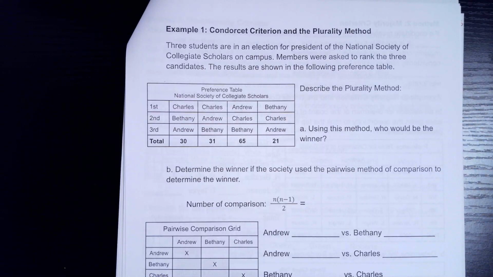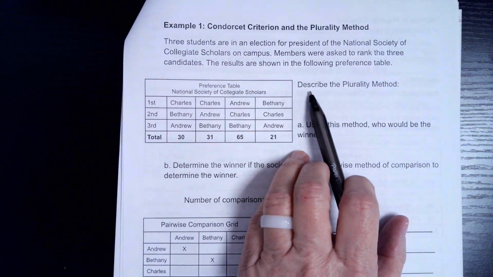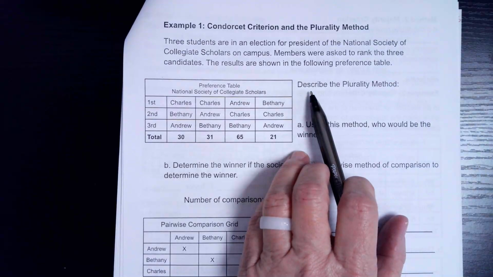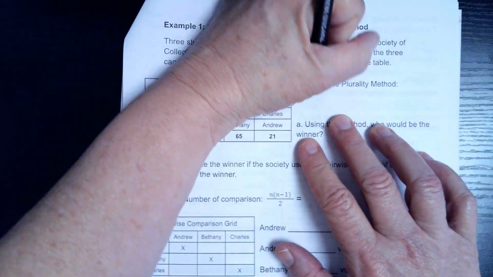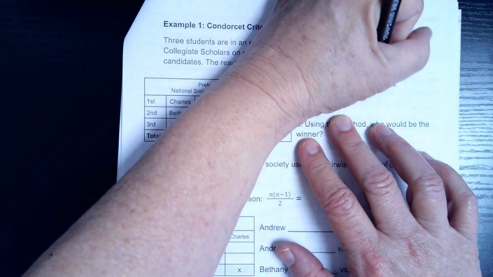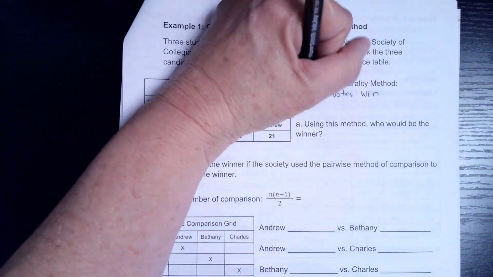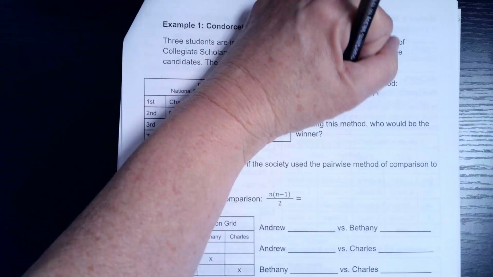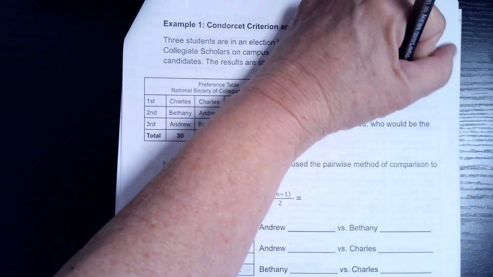First of all, tell me what you know about the plurality method. Whoever has the most votes wins. And what did you say about majority? It doesn't matter if it's a majority or not. No majority required.